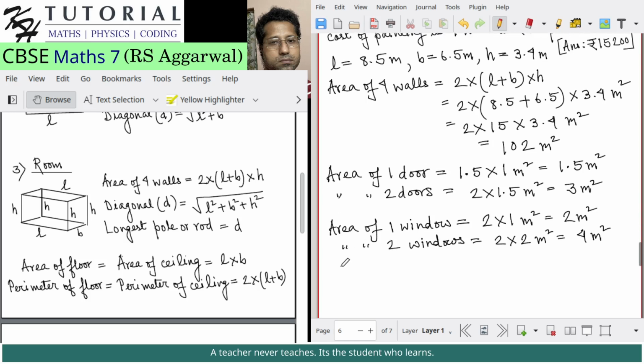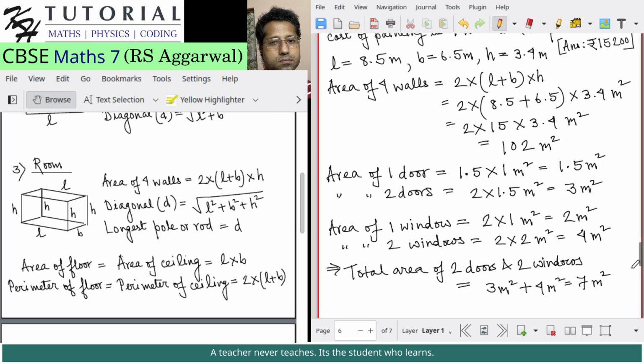Okay. So this implies total area of two doors and two windows is equal to 3 meter square plus 4 meter square, which is 7 meter square. This 7 meter square is the area of two doors and two windows.